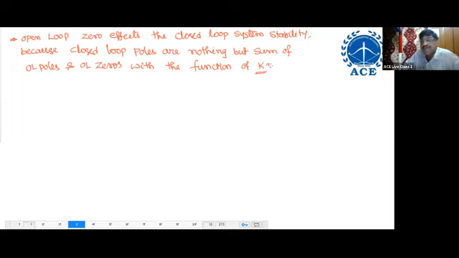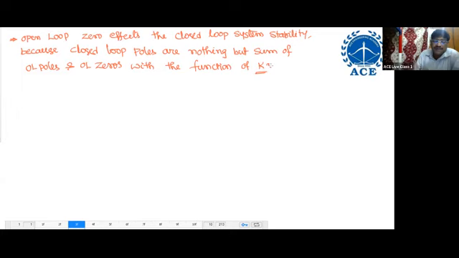Closed loop zero equals open loop zero only. But open loop zero will affect the closed loop system stability. So closed loop system stability depends on open loop poles as well as open loop zeros, whereas open loop system stability depends on only open loop poles.